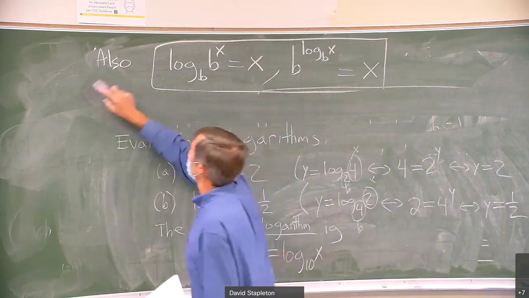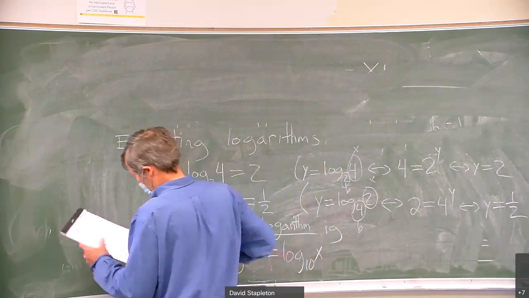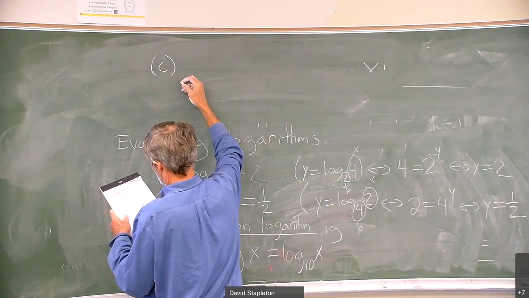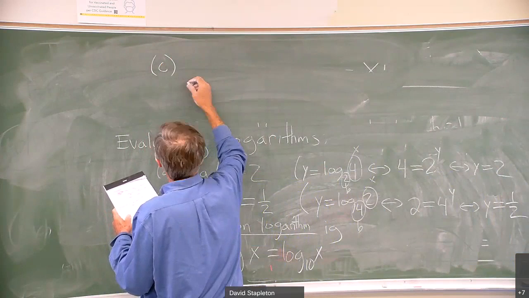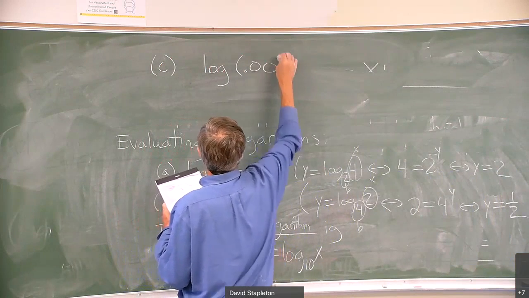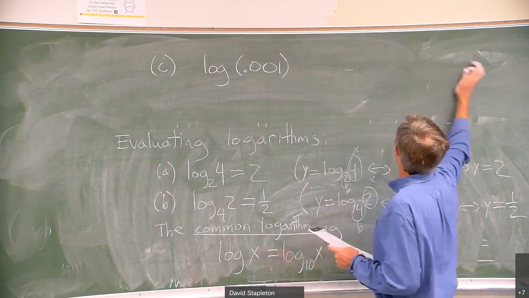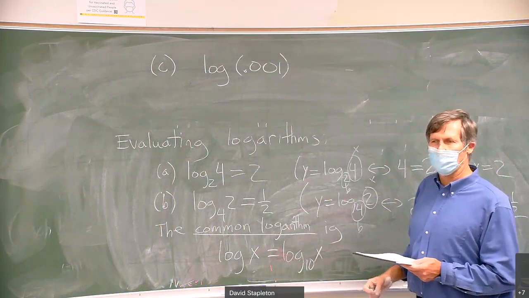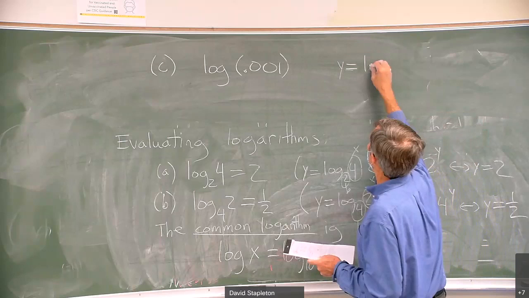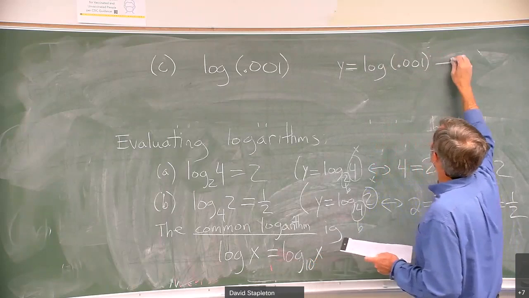Let me try a couple of those. What is log of 0.001? How about that? Can that be easy? I'm finding y, so that's the number log of 0.001, right?